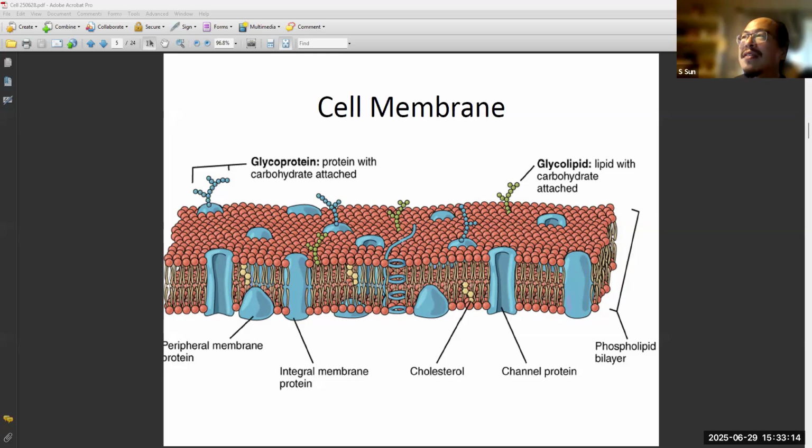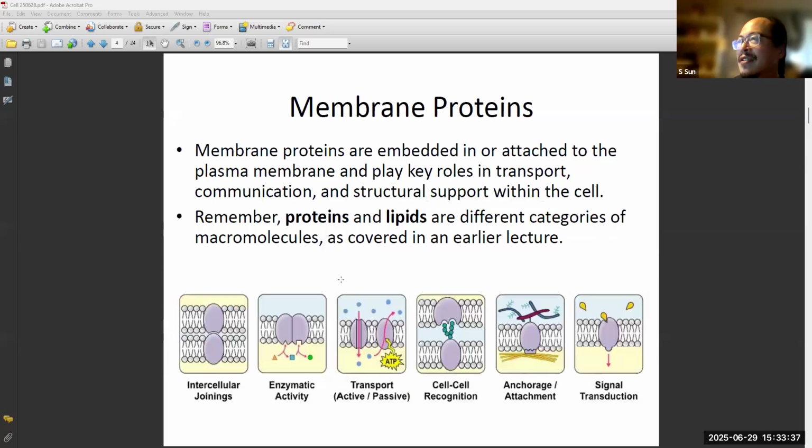This one could be something like a receptor or an anchoring protein, allowing something to attach to it. So the membrane is not that boring. It's not just the phospholipid. They also have many different kinds of proteins integrated inside of it. So that's that.